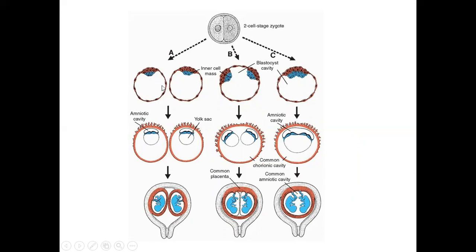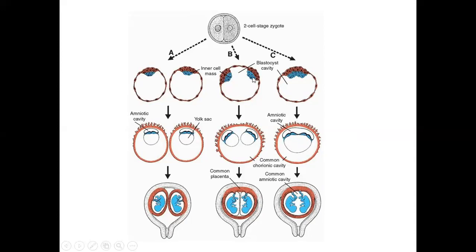So over here, these are the different types of monozygotic twins. Here the early division has taken place at the 2 cell stage, which is giving rise to monozygotic dichorionic diamniotic twins. The second is the division occurring in the inner cell mass before the formation of the bilaminar germ disc.